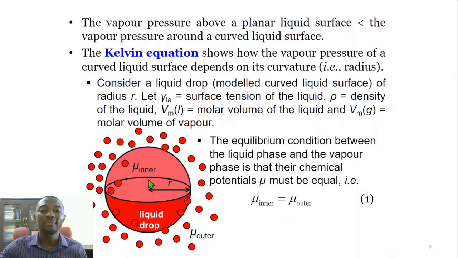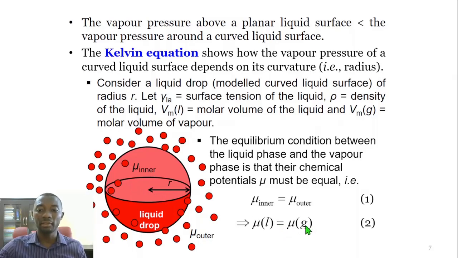In the inner, we have the liquid phase, and in the outer, we've got the vapor phase. So if we denote this as the chemical potential of the liquid, and this as the chemical potential of the vapor, then we'll equate them. We haven't done anything wrong, because that represents what we've started with.